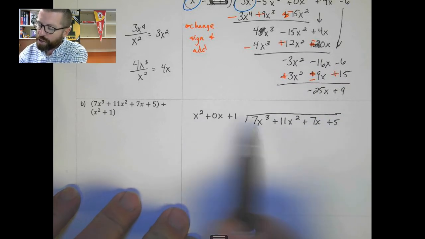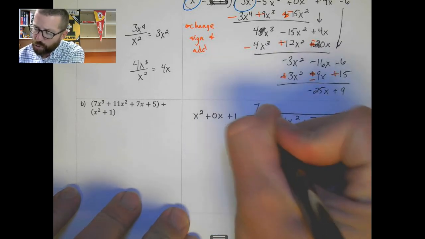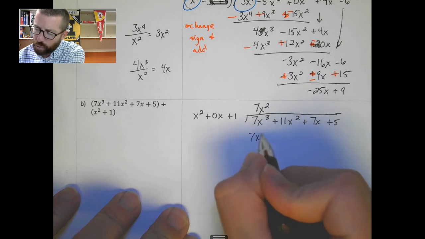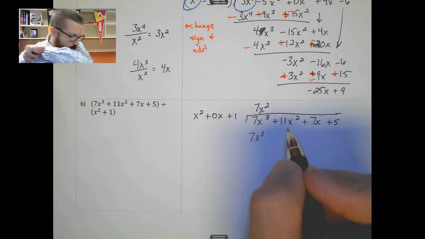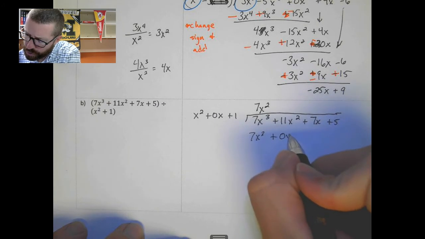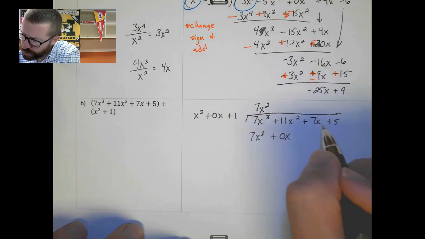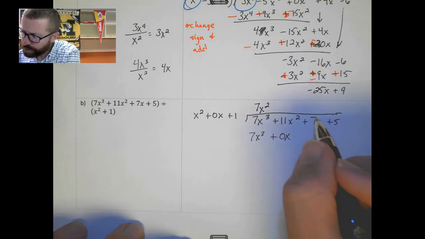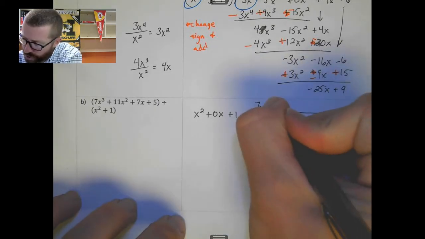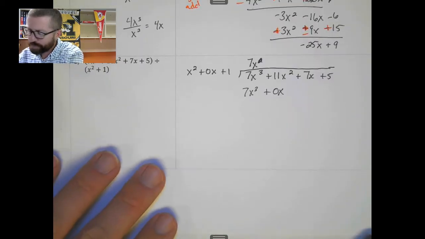Okay, so if I divide these, I get 7x squared. So if I multiply them, I get what I want. Oh, I messed that up already. I told you, errors are easy to make. That's a cubed. We just have 7x. Let's just start this one over.